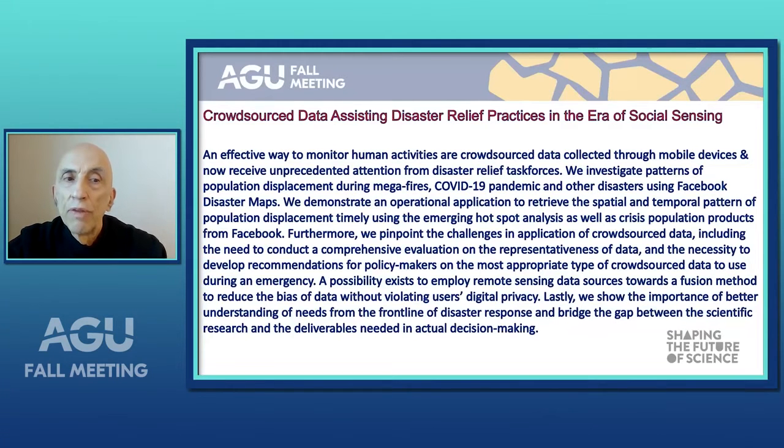So in terms of the abstract, we have an effective way to monitor human activities, which are crowdsourced data collected during major disasters. And they have received quite a bit of attention in development and response to these disasters.